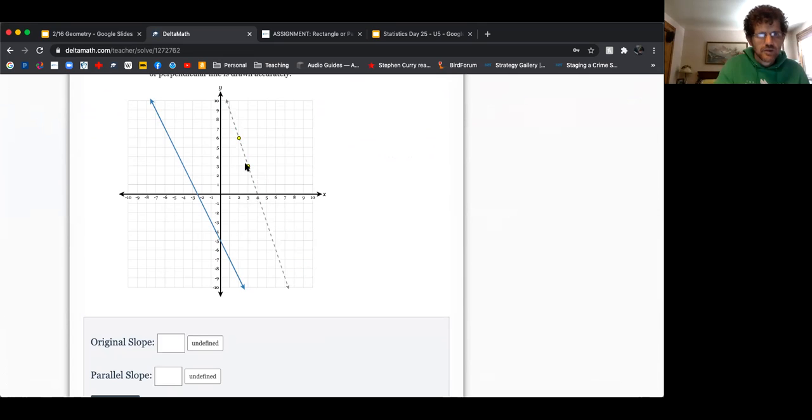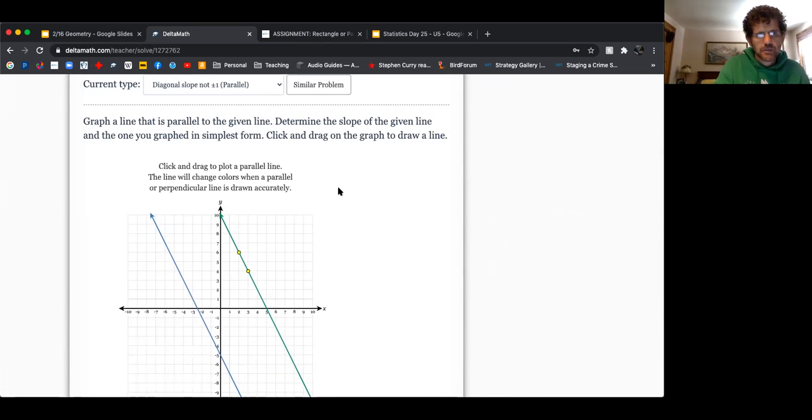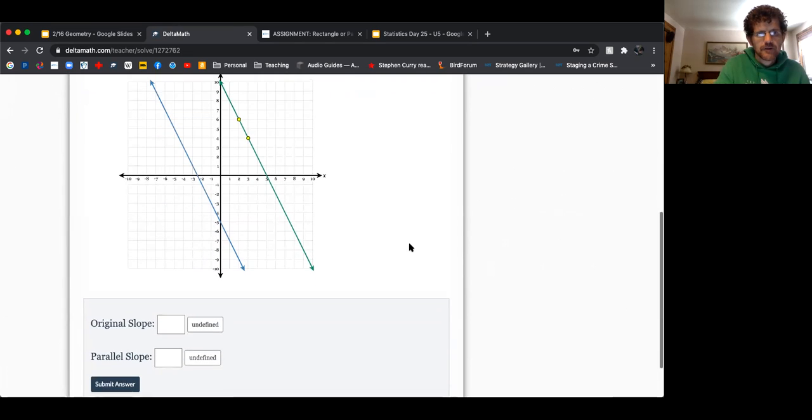And you'll notice, look there, it's like this dashed gray line. When I move it to right here, it becomes this green line. And that's going to let me know that it's either parallel or perpendicular. So you will need to read the problem. Is it asking you to find a parallel line or a perpendicular? This one says parallel. So we're good to go. I'm feeling good about that.